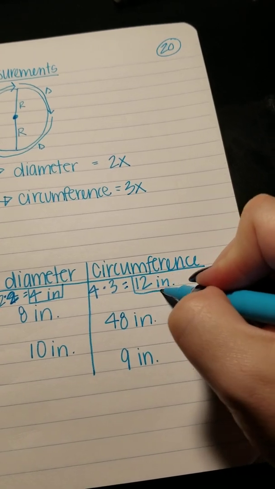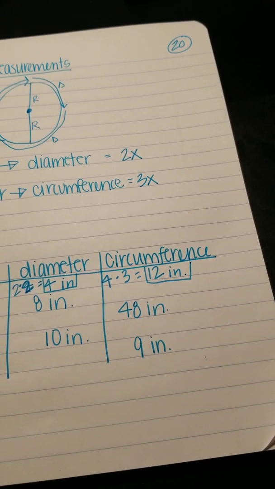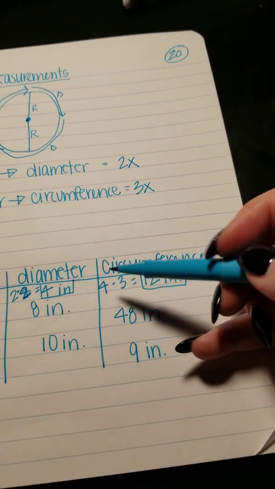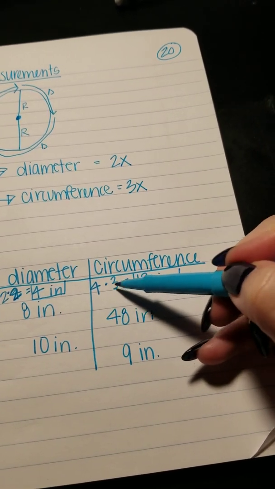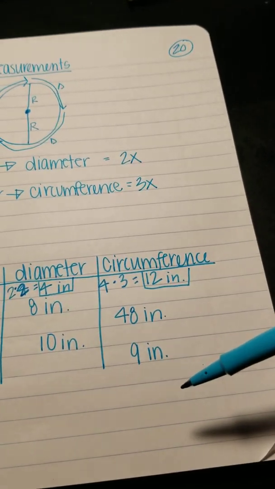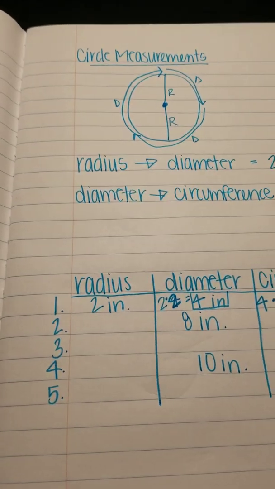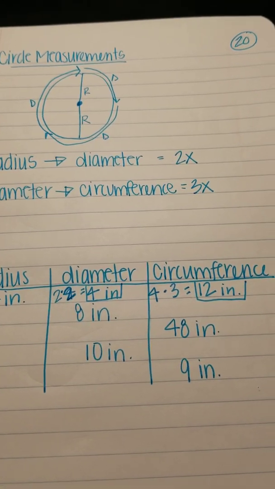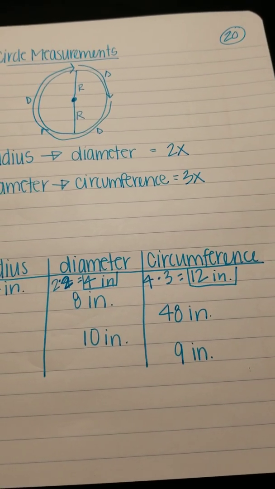Yes, you need to label the unit. Until you get the hang of this, I would just write times 3 and times 2 on each one.